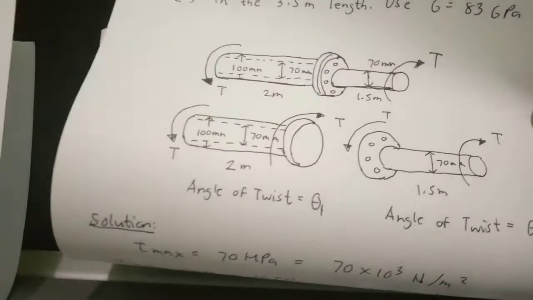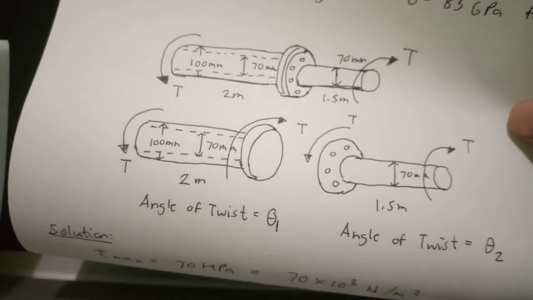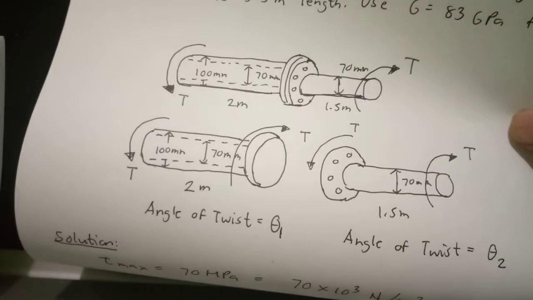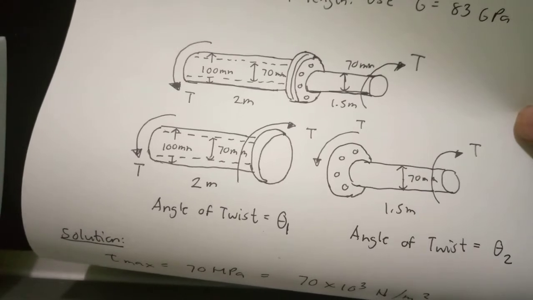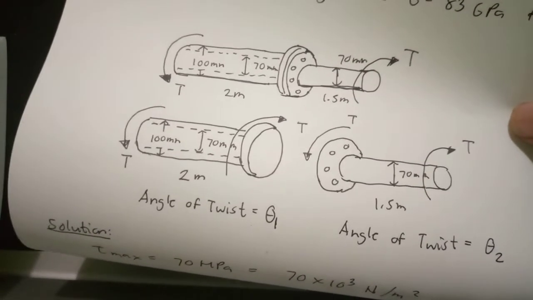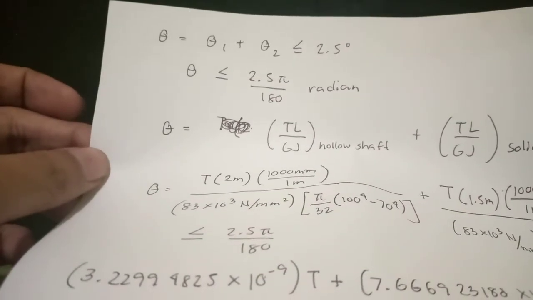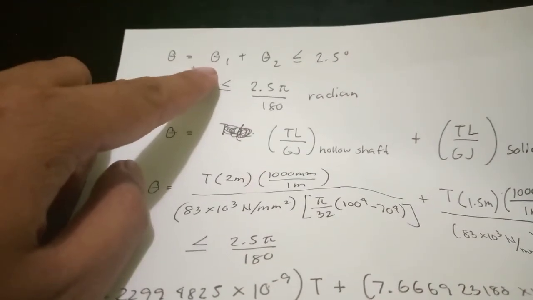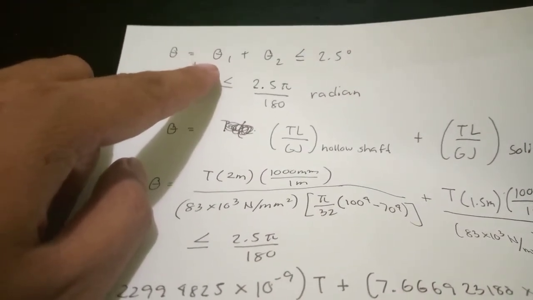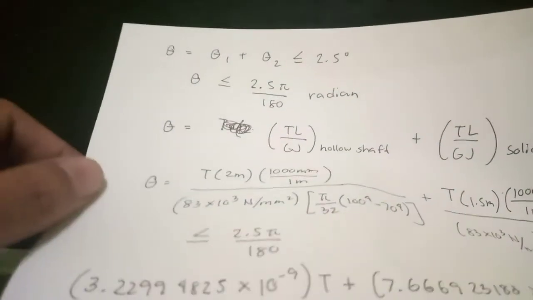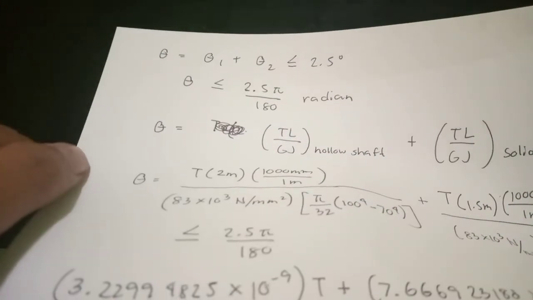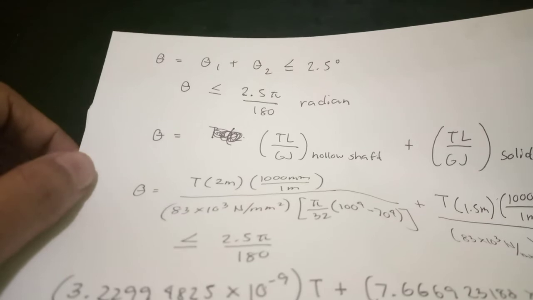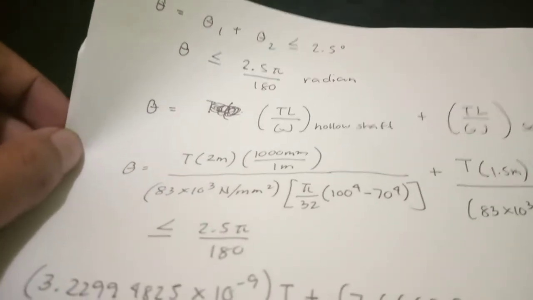For the hollow shaft, its angle of twist is theta 1, and for the solid shaft, the angle of twist is theta 2. That is why we use theta 1 plus theta 2. Adding these two gives the angle of twist of the whole composite shaft.